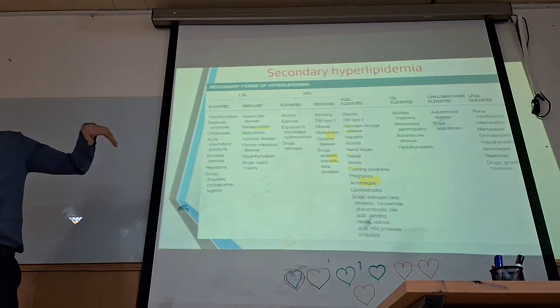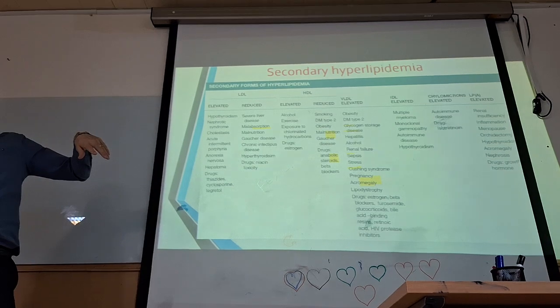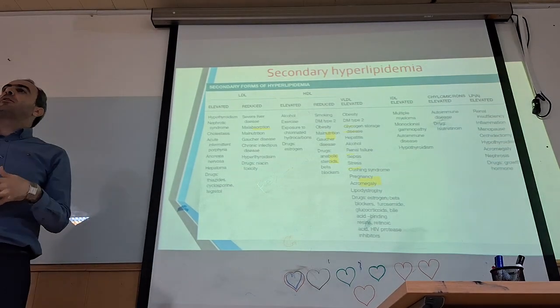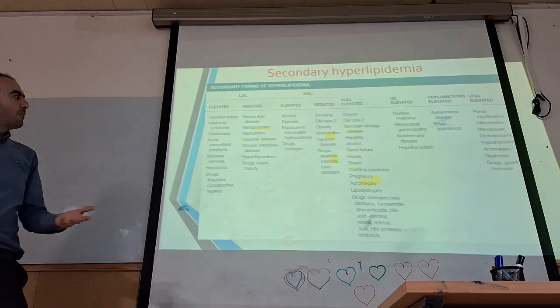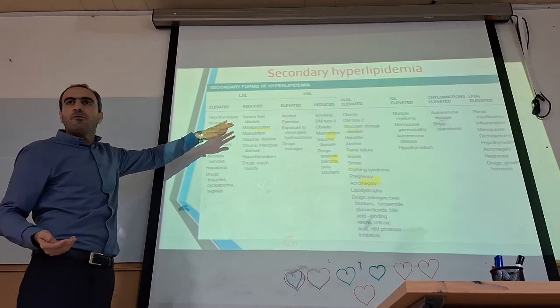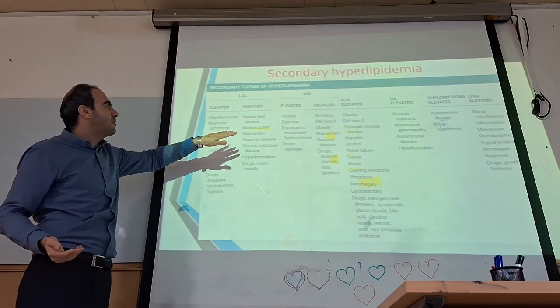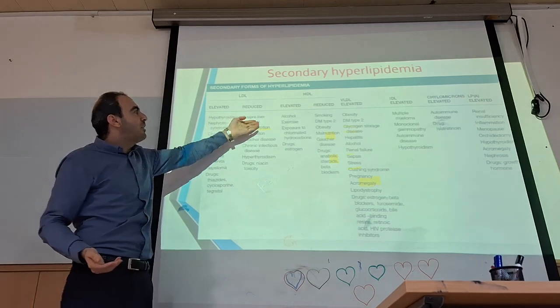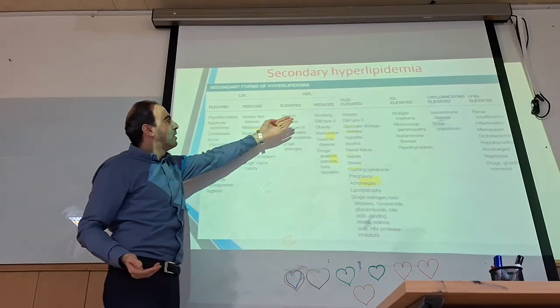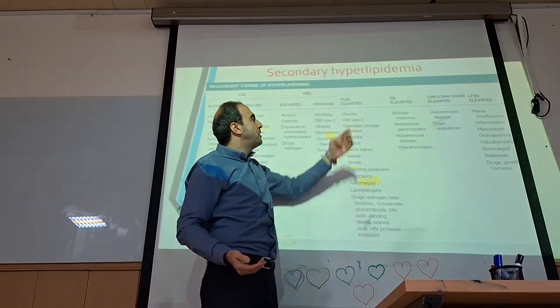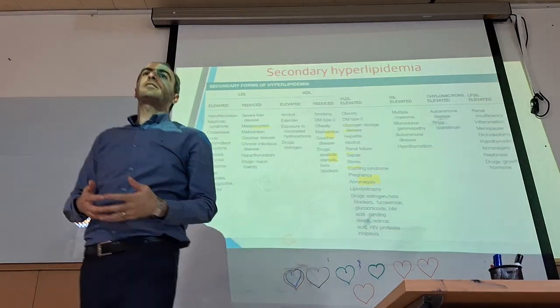The secondary hyperlipidemias, the main ones. Again, you don't need to memorize all of them, just some of them, like hypothyroidism, severe liver disease, obesity, and type 2 diabetes, which lead to secondary hyperlipidemia.